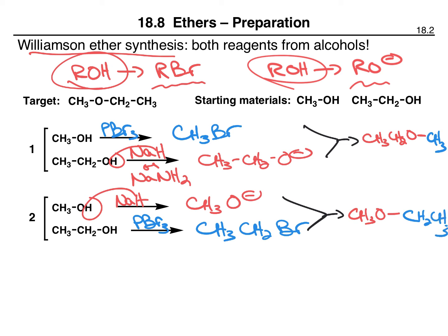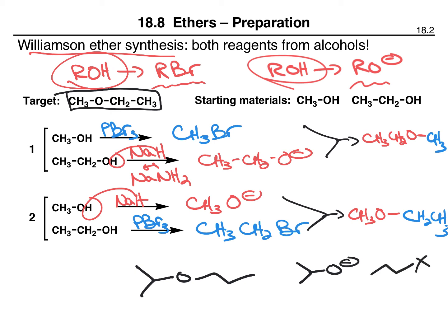In this particular example, where we are trying to make ethyl methyl ether, it doesn't really matter which way we go. But what if we were trying to make, for example, isopropyl propyl ether? Well, in this case, we could use this as the alkoxide and this as the halide, or we could try this as the halide with this as the alkoxide.